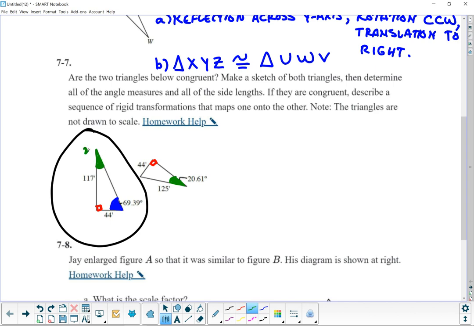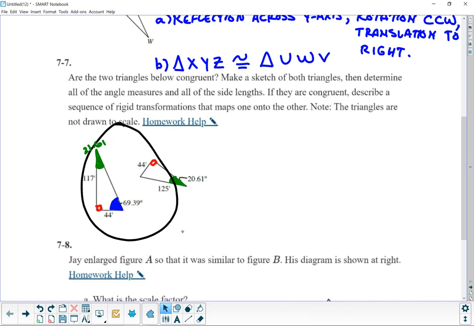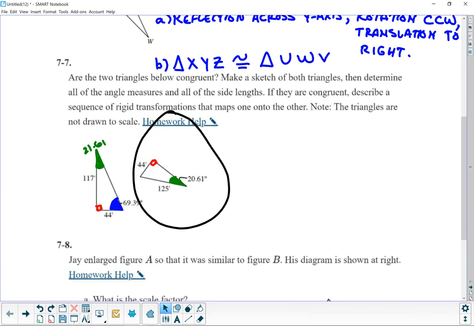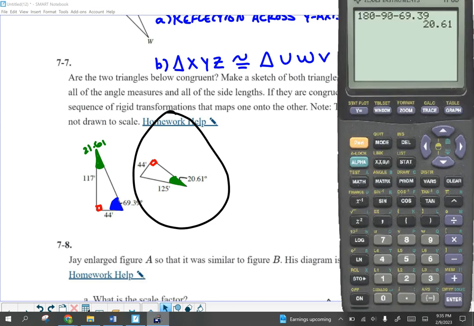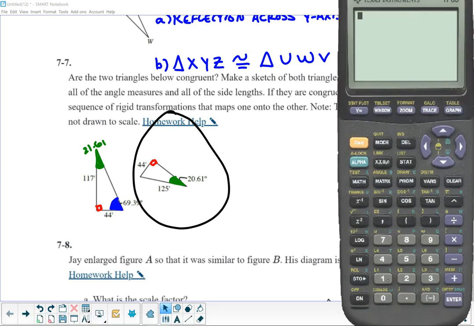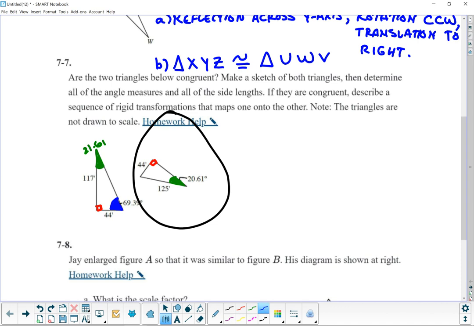So now this angle is 21.61, and it actually matches the other one, right? Now let's check this one. Let's do it again. Let's take 180, take away the red angle, which is the 90, and take away the 21.61, and that should get us the remaining blue one, which is 69.39, and that actually matches.